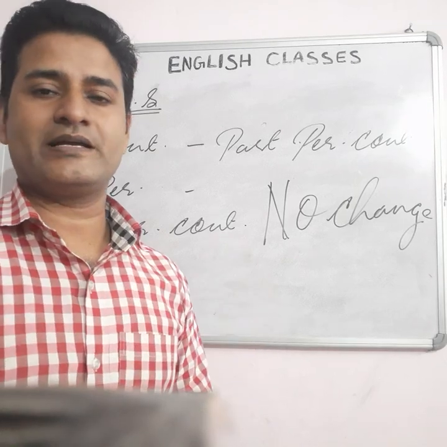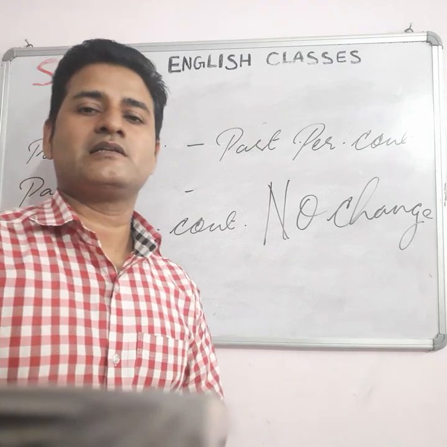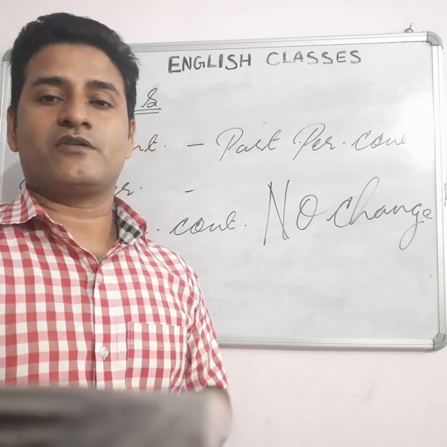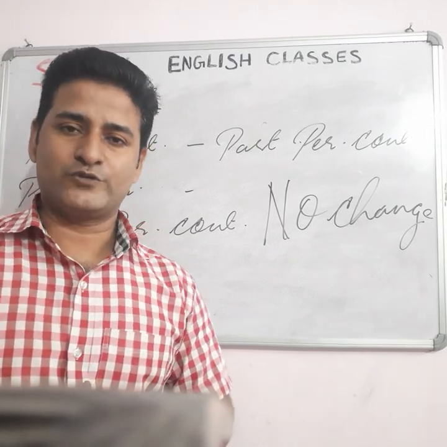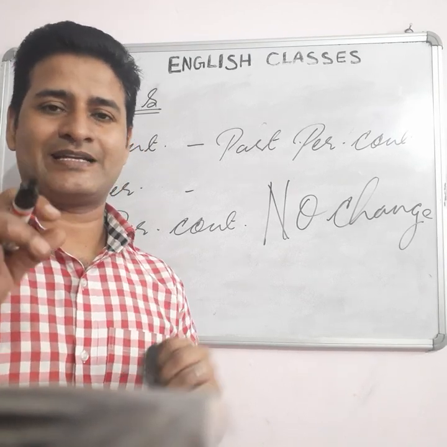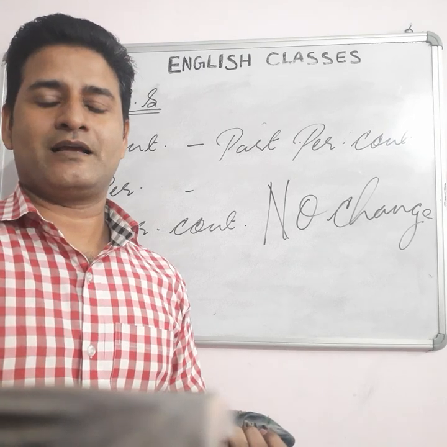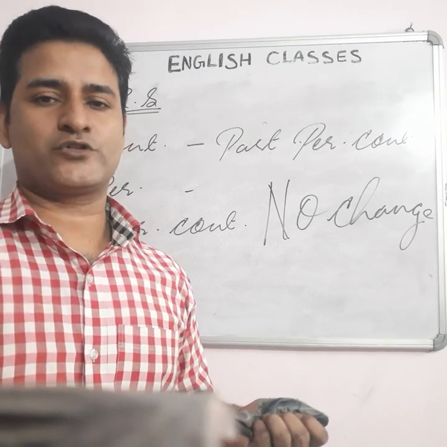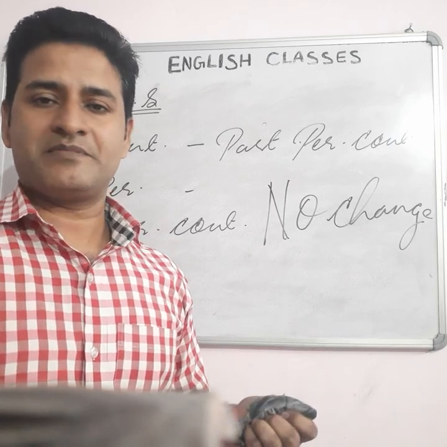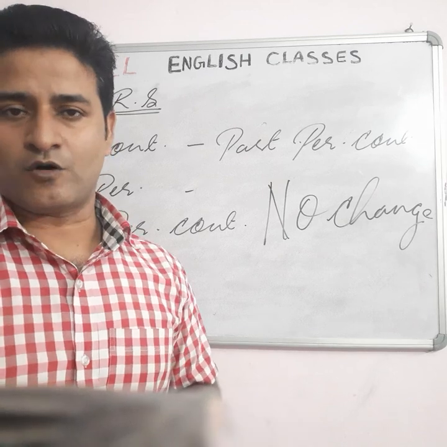As you know, will and shall are the two auxiliaries meant for future tense. So in the case of future tense, while narrating, you need not carry forward any other kind of change, but just: will becomes would, shall becomes should, may becomes might, can becomes could, and that's all.